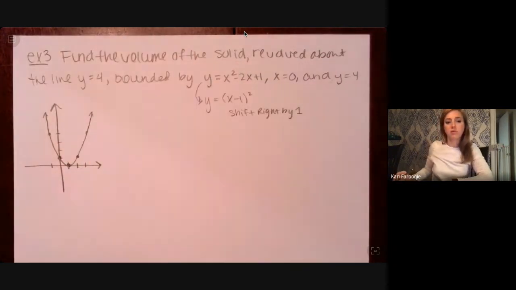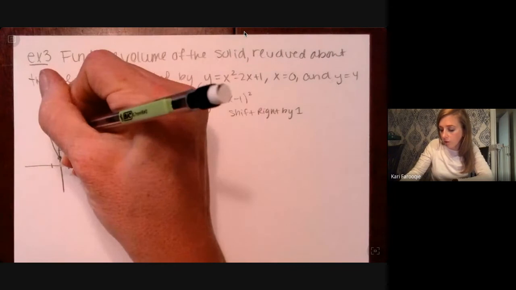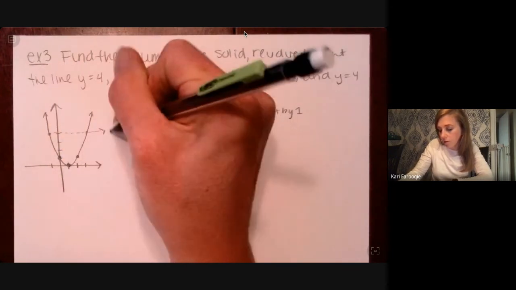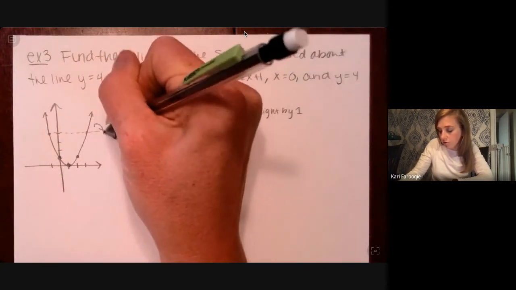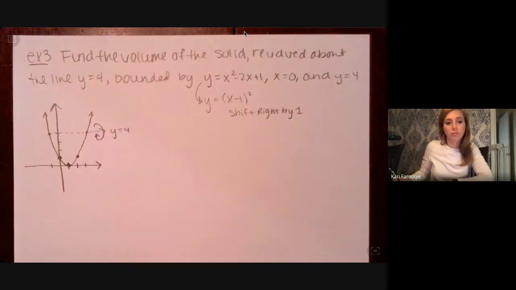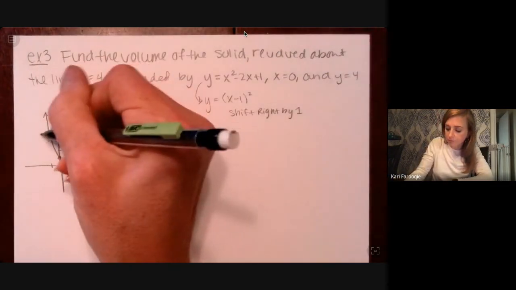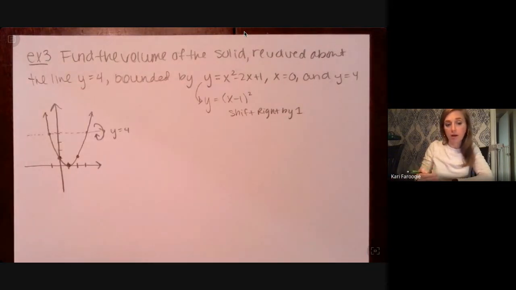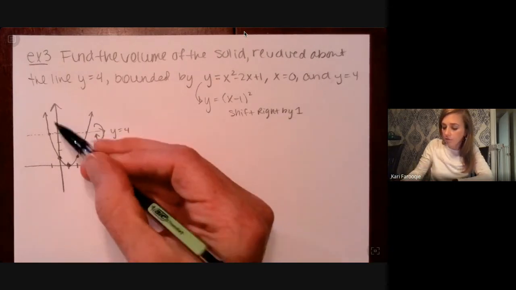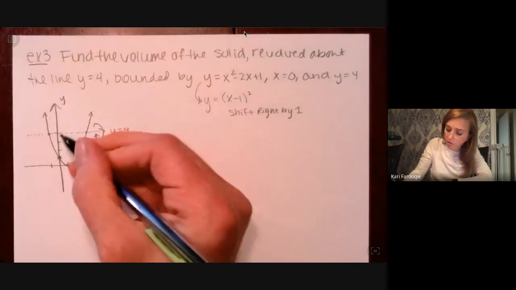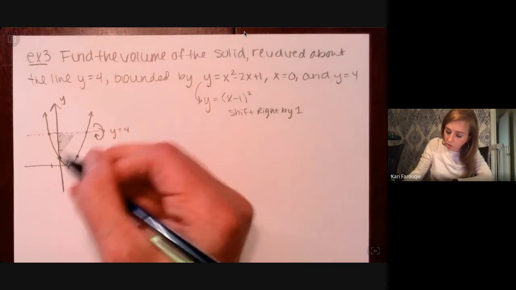So it looks something like this. Don't forget that we're also bounding this by x equals 0, which is the y-axis, and y equals 4. And we're revolving this about the line y equals 4. But if we're bounding this by our parabola and the line x equals 0, which is the y-axis, I'm looking at this region.